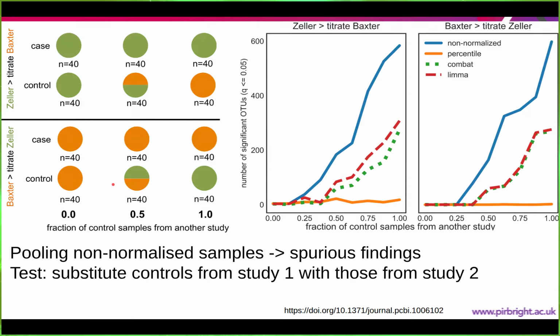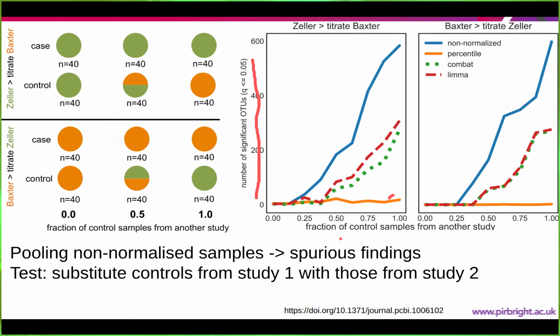Another example of this is when we look at the number of significant OTUs across different methods. If we do nothing at all and just take the non-normalized data, which is obviously biased because the relative abundances depend on the original study, we find that the number will be very, very high because many of these are false positives. If we look at the limma-based correction, it's still quite high. ComBat is still high, but percentile normalization here in orange is more effective.